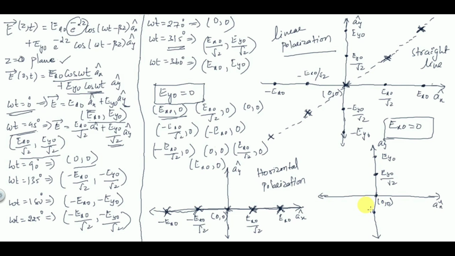This will be minus Ey0 by root 2, and this is minus Ey0. If you plot the points, you will get the points here only. If you want to check, you can check also. So you'll get a straight line in the vertical direction. So this polarization is called vertical polarization.